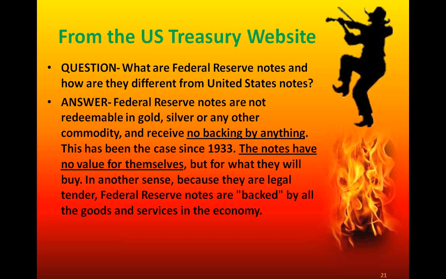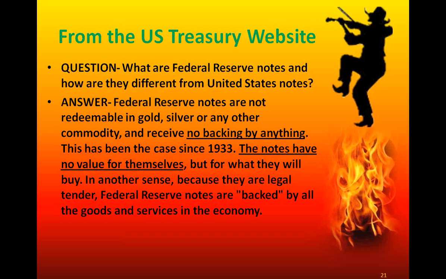I firmly believe that Thomas Jefferson, had he been alive in 1933, would have staged a revolution or started a war among our government to lay down the law that you can't do this.